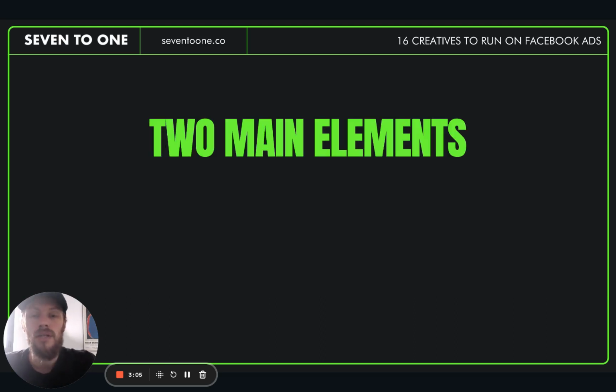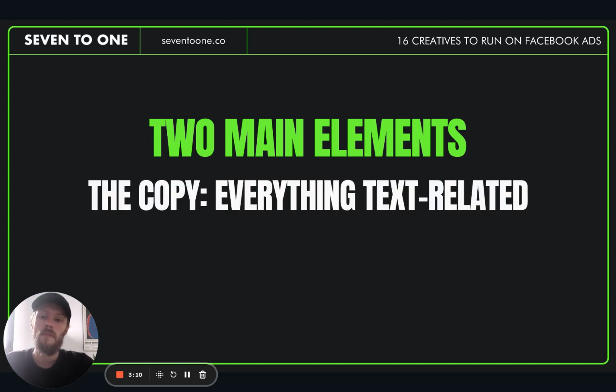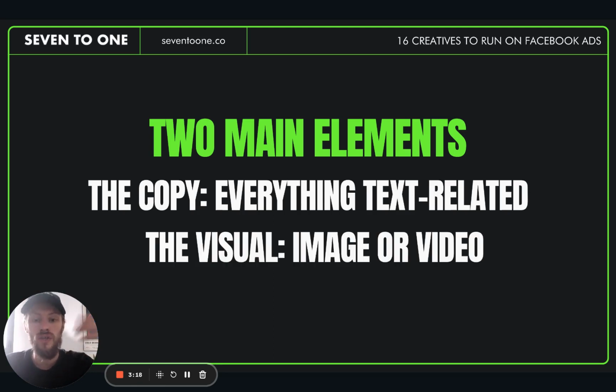So there are two main elements to creatives in ads in general, not only on Facebook ads. There is the copy, which is everything that is text related or voice related if it's a video. And then the visual, which is the image or the video content. So the visual aspects, basically.